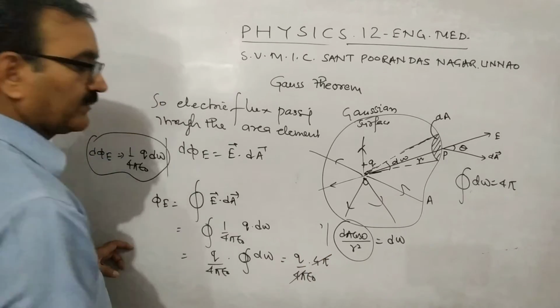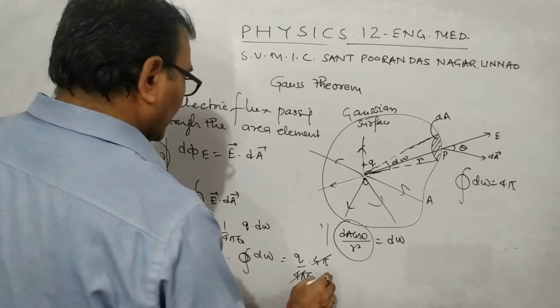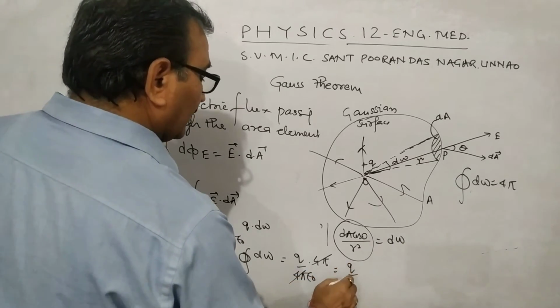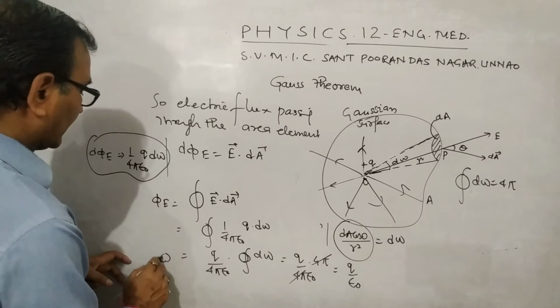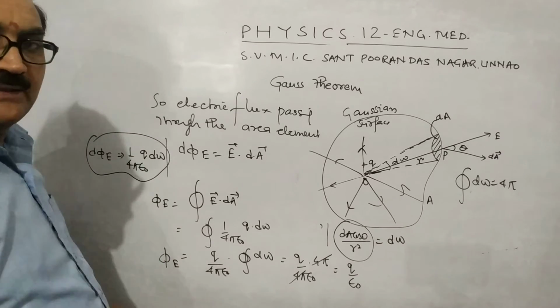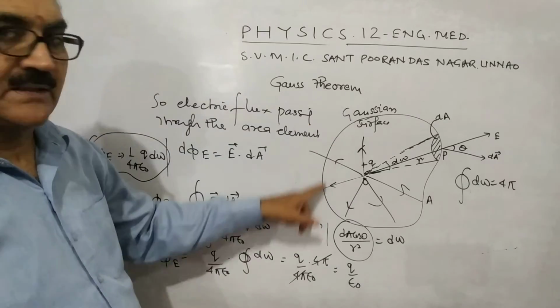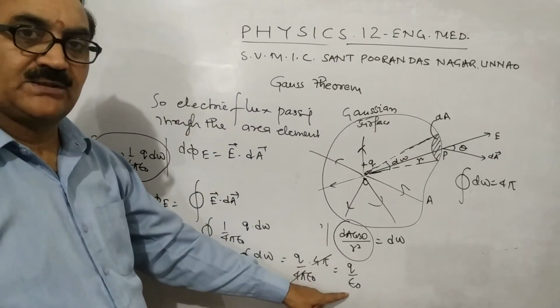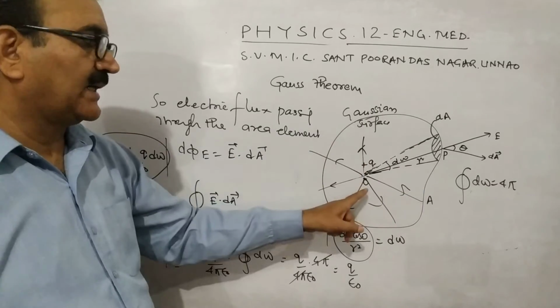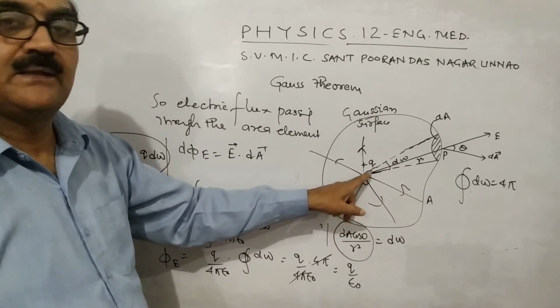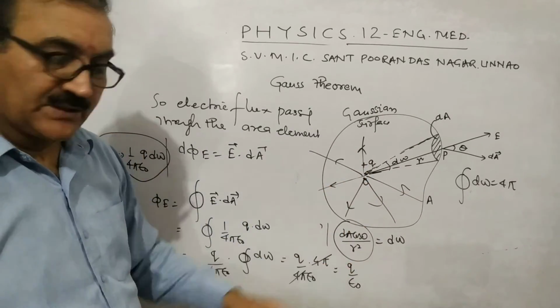This 4 pi and 4 pi cancel out. So you have q upon epsilon naught, that is phi E. So electric flux passing through the surface is equal to 1 upon epsilon 0 times the charge surrounded by the surface. So here only there is a point charge, you write here q.